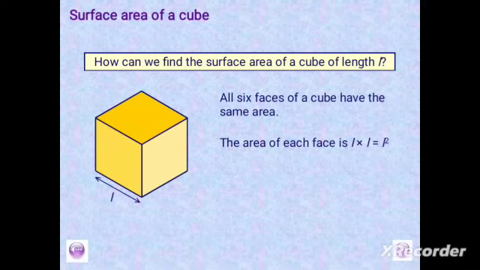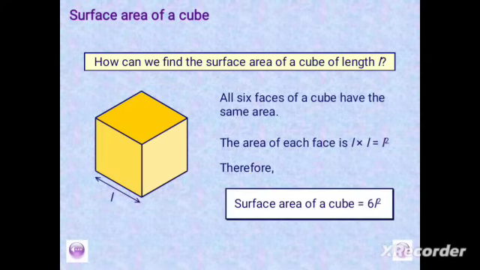That means the area of each face is length times length, given as length squared. And therefore, the surface area of a cube is 6L squared. That is 6 faces times the area of each face.